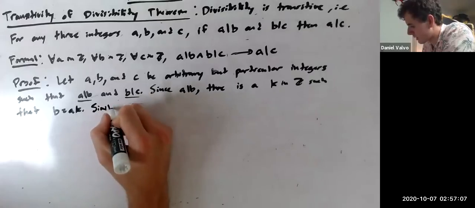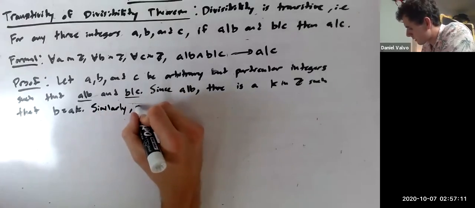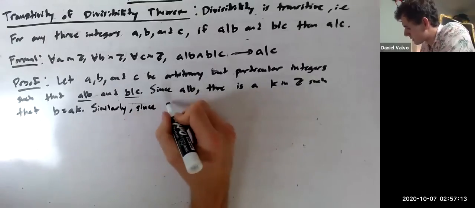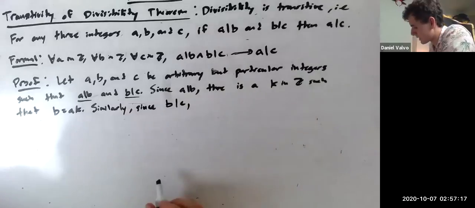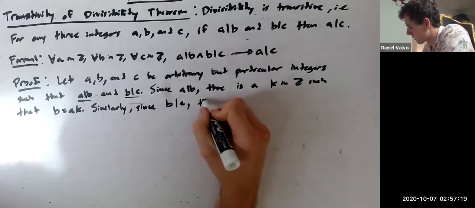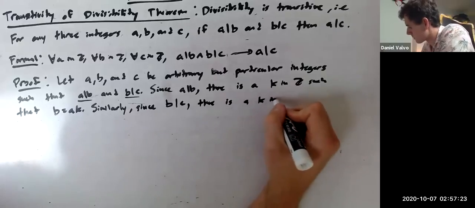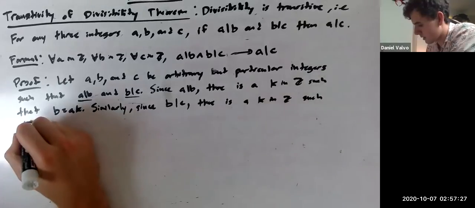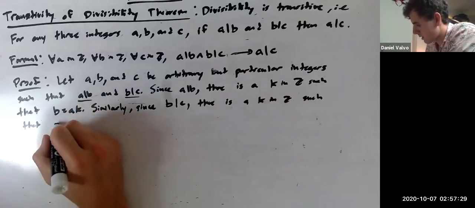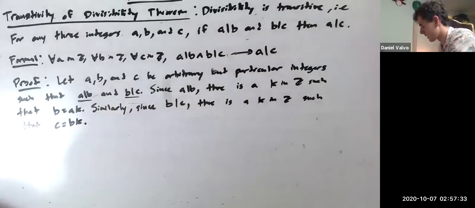I'll say similarly, since B divides C, there's a K in the integers such that C equals BK.